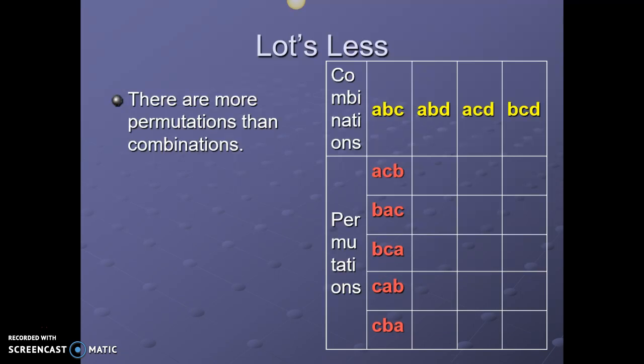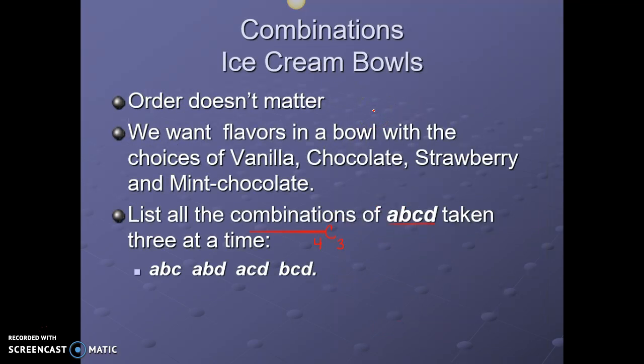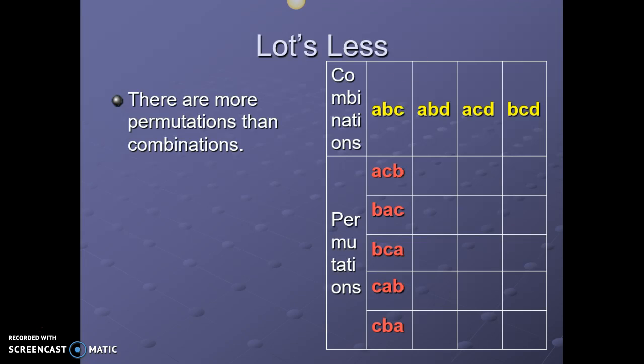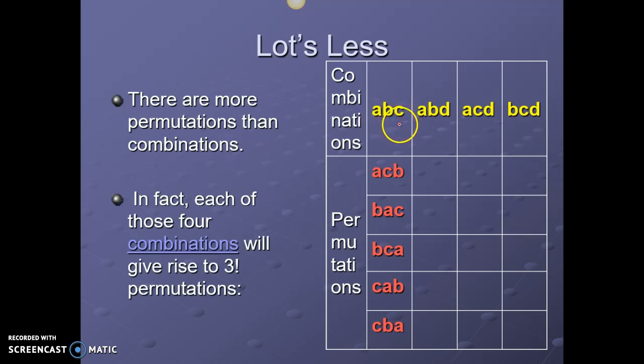If we're looking at just the combination ABC, so we had vanilla, chocolate, and strawberry, if you recall, we had different ways that we can make those cones. We had 1, 2, 3, 4, 5, 6 cones that we could make. 3 times 2 times 1 are all the permutations, but there's just one combination that has vanilla, chocolate, and strawberry in it.